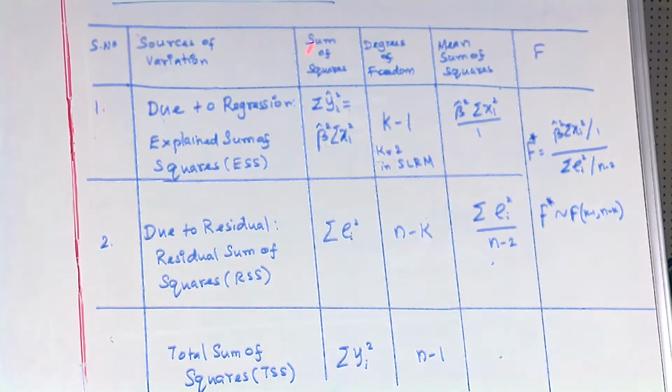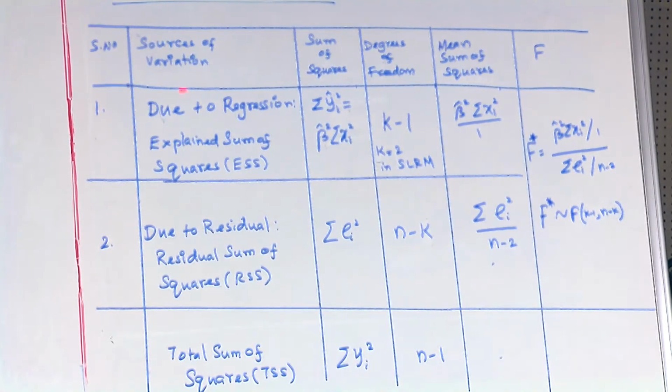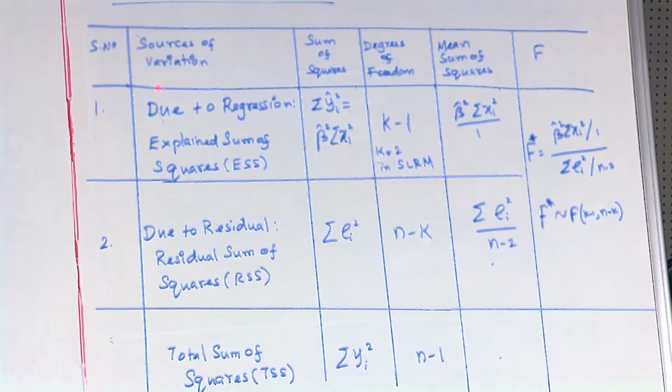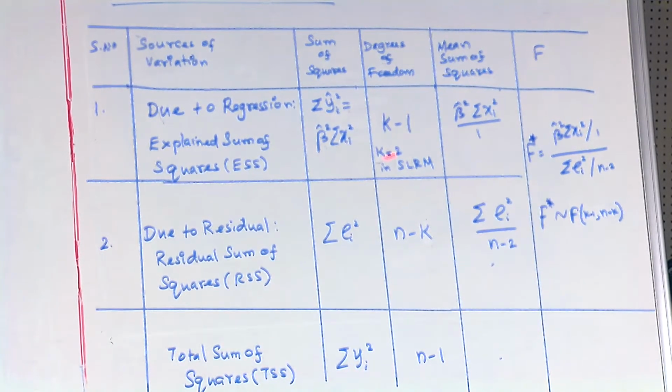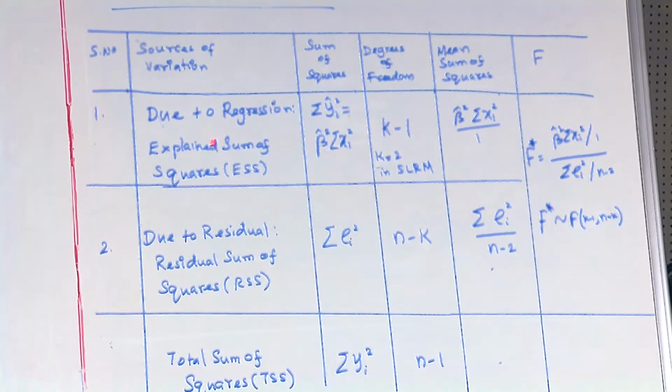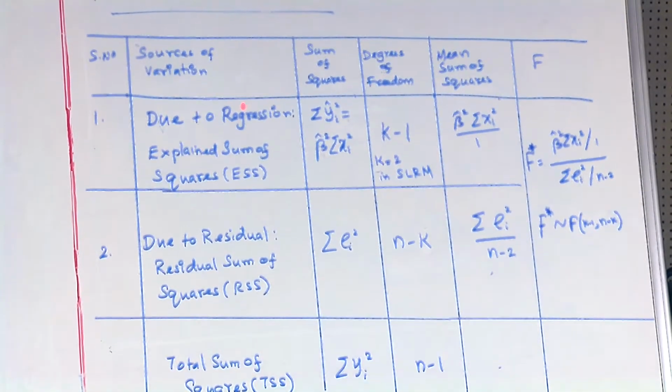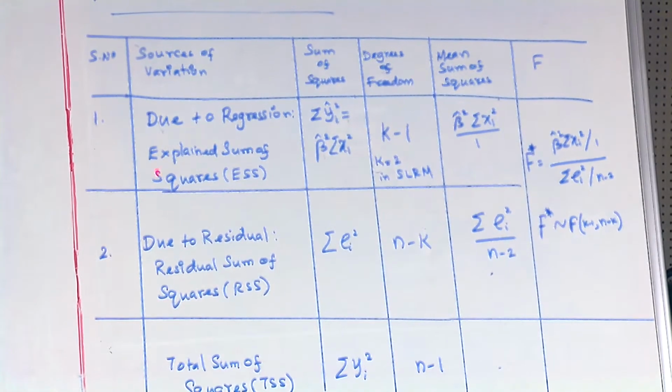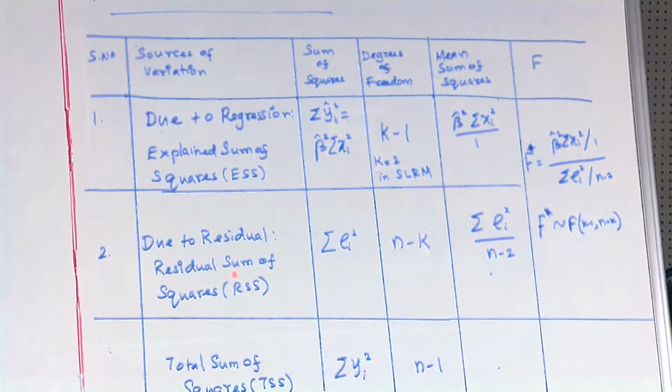The ANOVA in SLRM may be defined with the decomposition terms. Let us see the table. Here we have given sources of variation, sum of squares, degrees of freedom, mean sum of squares, and F ratio defined. We already know there are two components in the total sum of squares, that is the explained sum of squares and the residual sum of squares.